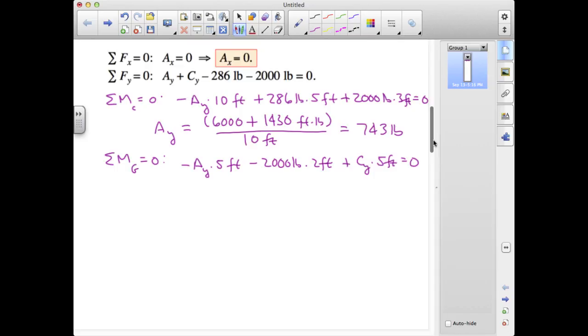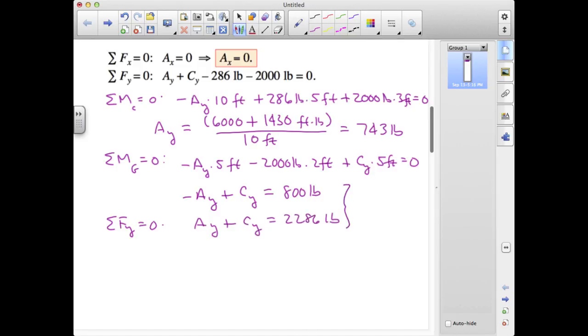Dividing through by the 5 feet, we could write this equation as minus AY plus CY is equal to 800 pounds. Since our vertical force equilibrium equation is AY plus CY equals 2,286 pounds, we could add these two equations together.